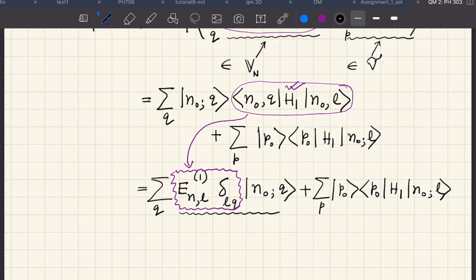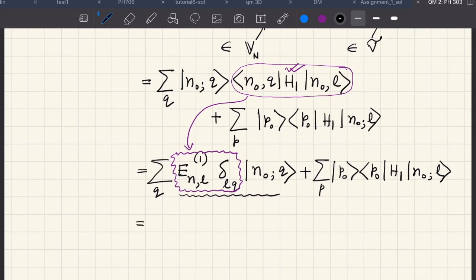So now this is equal to E N L1 N naught L. In going from this step to this, we have just used this Kronecker delta, and therefore the summation goes away.